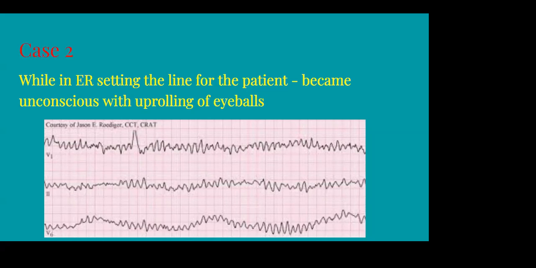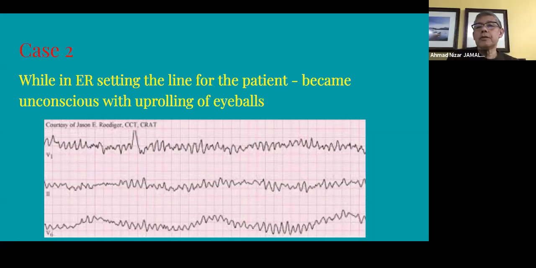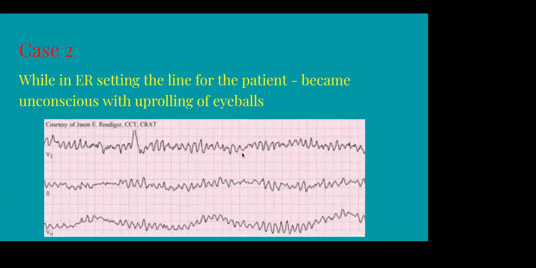When you have a patient that is in AMI with this type of ECG, it's definitely VF. It's not going to make very much difference to how you're going to treat the patient, right, Nizar? You need to do what is necessary quickly. That's right, because as we can see here, the patient is already unconscious with up-rolling of eyeball.